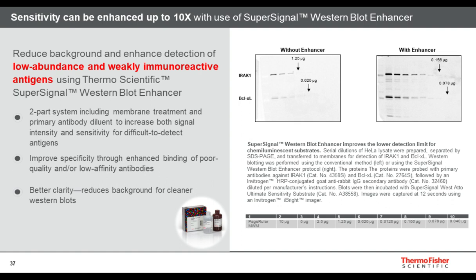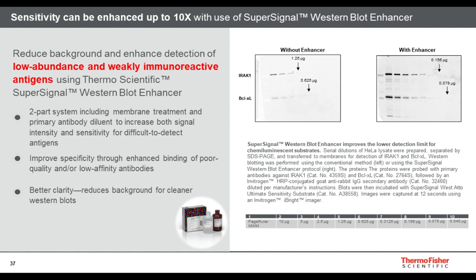The reagent is a two-part system, first containing a membrane treatment that helps to decrease the background and nonspecific binding sites. The second reagent works as a primary antibody diluent to increase the exposure of the antibody epitope binding sites and promote effective targeted binding to the protein of interest.